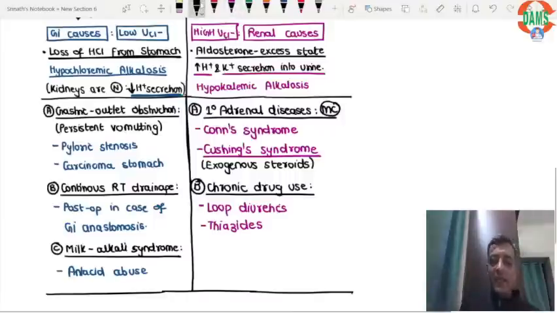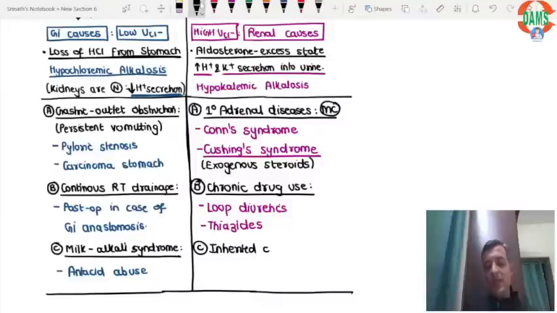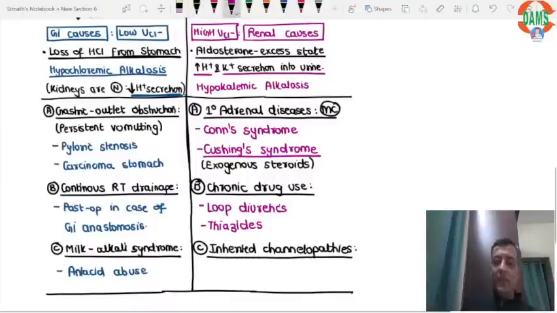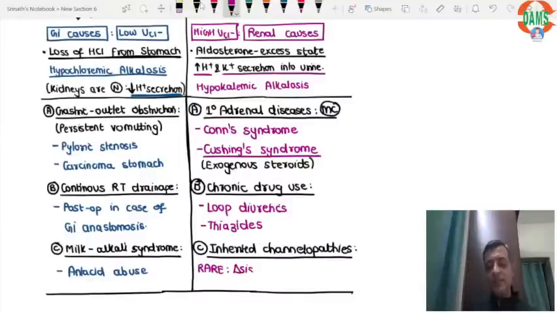And number C is the topic of inherited channelopathies, which today's sure shot MCQ is connected to. These inherited channelopathies are rare in practice, and hence they are a diagnosis of exclusion.